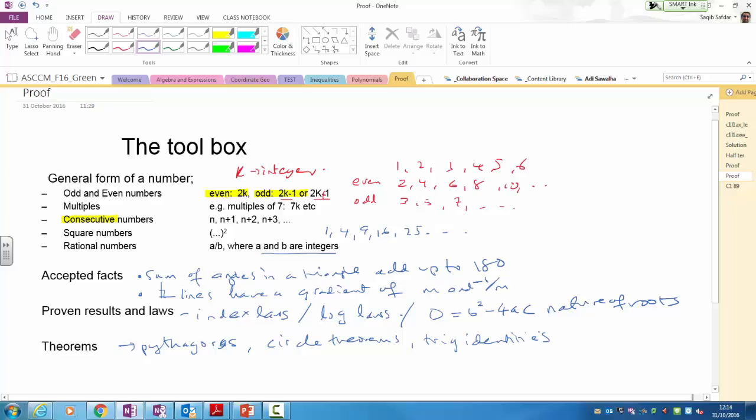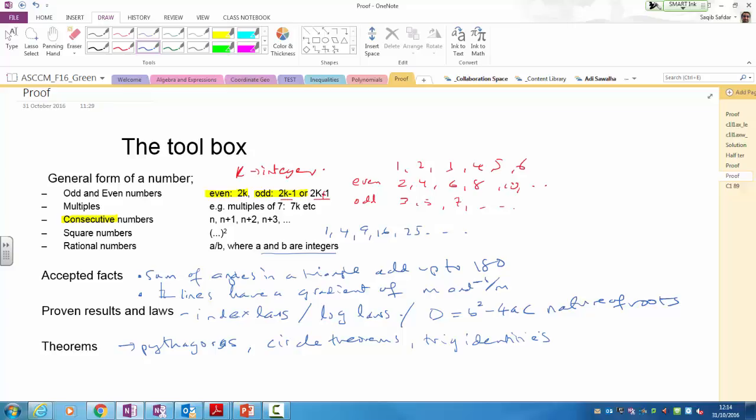Those are the areas where we can assume results are given, and we don't need to go around proving Pythagoras' theorem, for example. We can also learn to express things like consecutive numbers, multiples, odd and even numbers, and so forth.